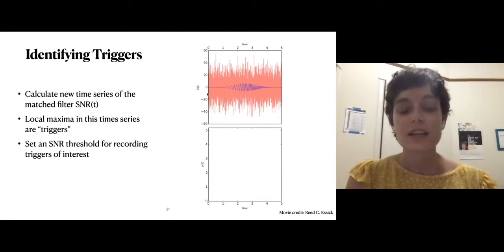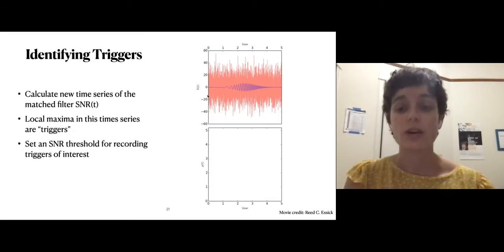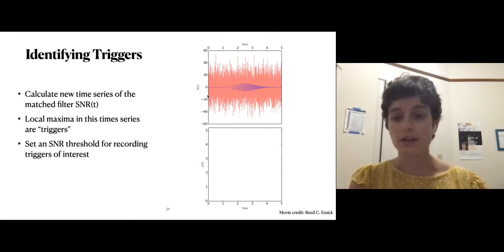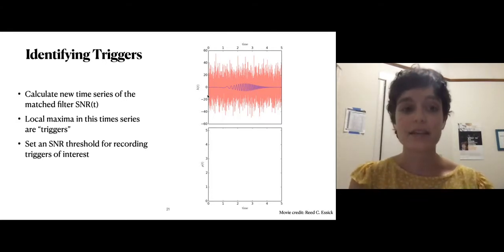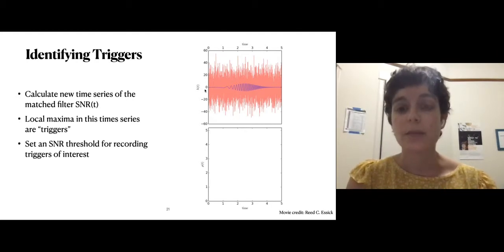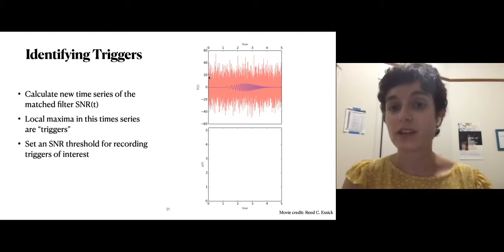So here is a movie that I'll come back to later once we go through all the details of the calculation. But this gives an idea of the big picture. So the complete picture behind this matched filter process. And the idea is that we have our noise, we have our data stream.